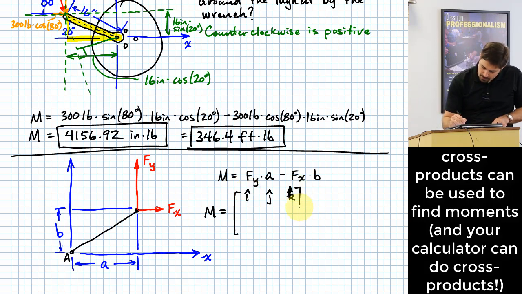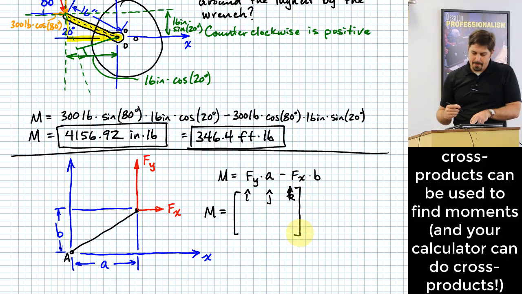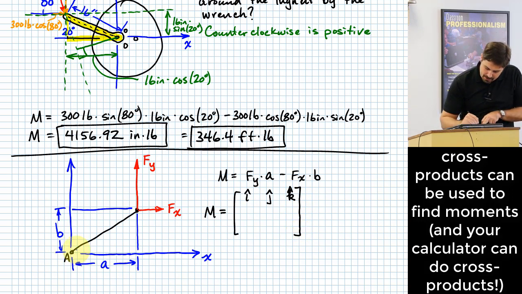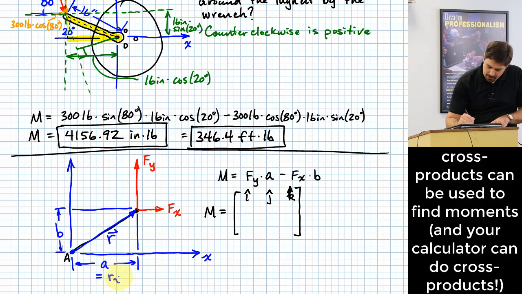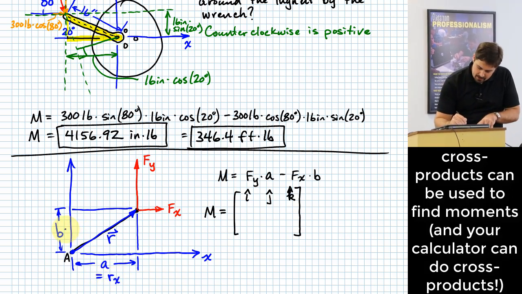If you do this, then in the next row you put in components of a vector that points from the point you start up to the point where you apply the force. Let's call this the r vector. Let's say that A is equal to Rx and B is equal to Ry.